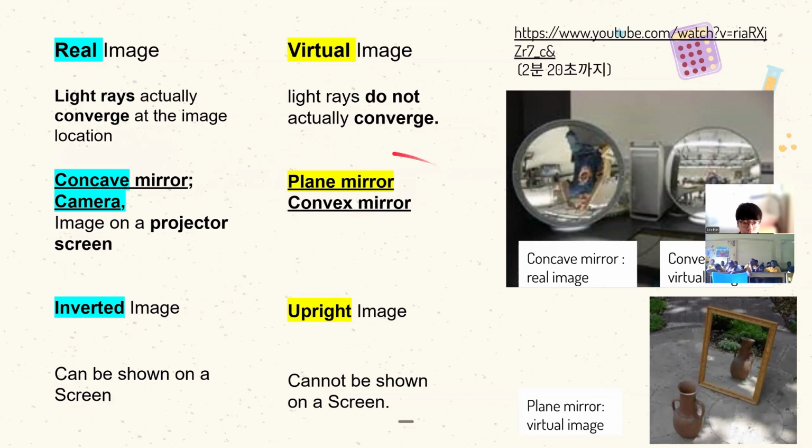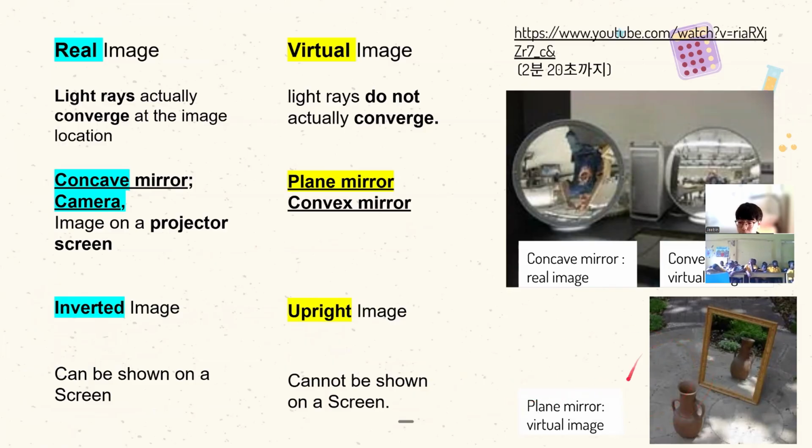But we can see virtual images with a plane mirror or a convex mirror. A real image is inverted, but the virtual image is upright. The real image can be shown on a screen, but the virtual image cannot be shown on a screen.